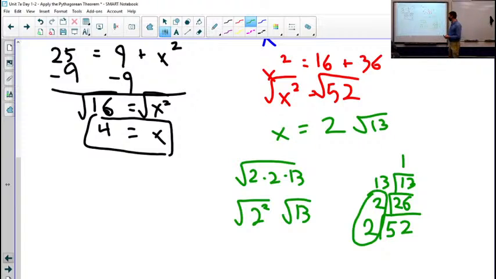And what happens is that with a pair, if I'm multiplying something twice, that's the same as squaring it, and all of a sudden I have what's called a perfect square. In other words, this is a 4. That's another way to think about it. And so when I take the square root of 2 squared, they undo each other, and I just have a 2 out here, square root of 13.